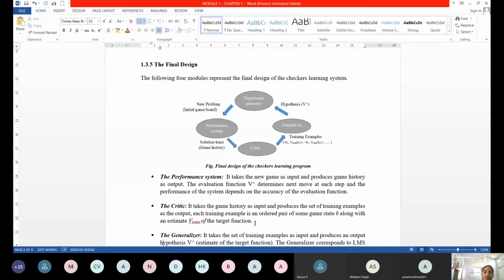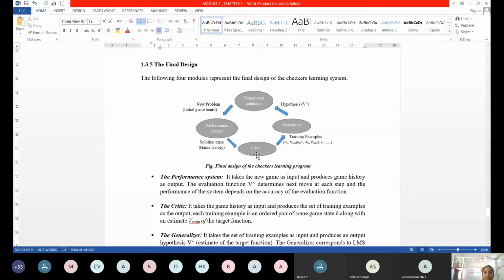The direction is based on the choose move function. Since the choose move function doesn't work for indirect training examples, we had gone for the function approximation value. So this value, your next move, has a very good impact on the accuracy or the performance of the system.